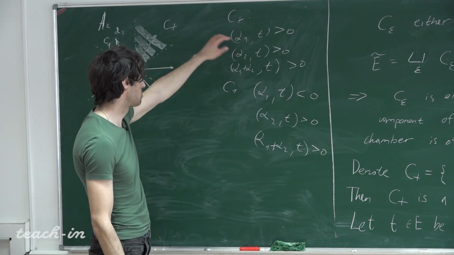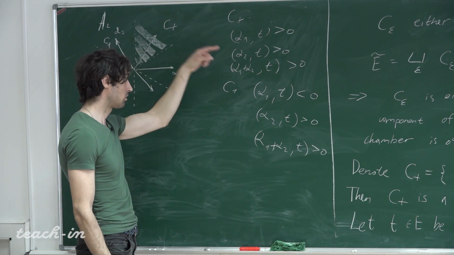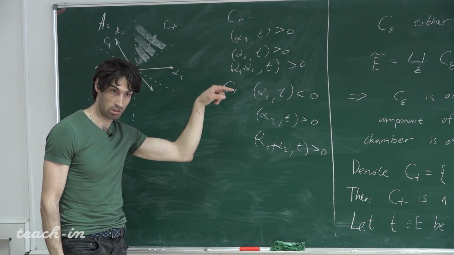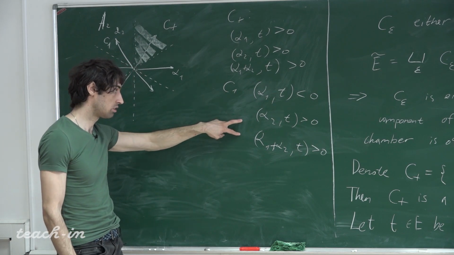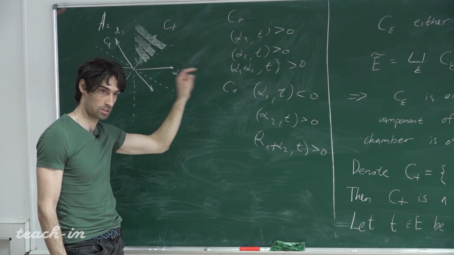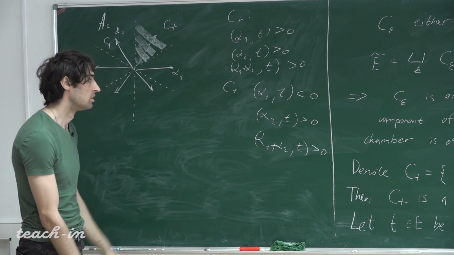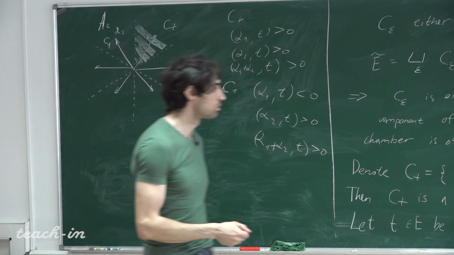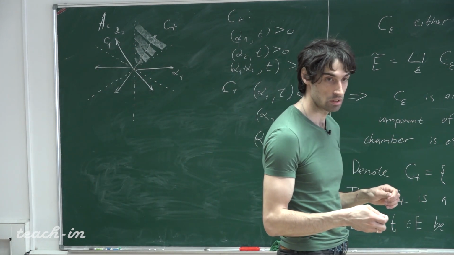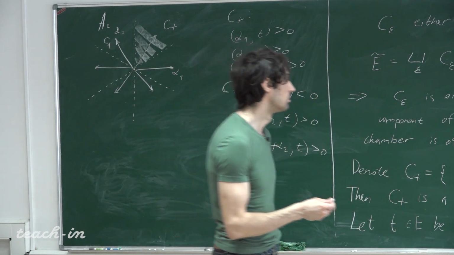Here epsilon was epsilon of alpha 1 and of alpha 2 and alpha 3 is 0. Here epsilon of alpha 2 and alpha 3 is still 0, but of alpha 1 is 1, right? Okay, so let's prove the proposition. Is it clear? No? Okay.